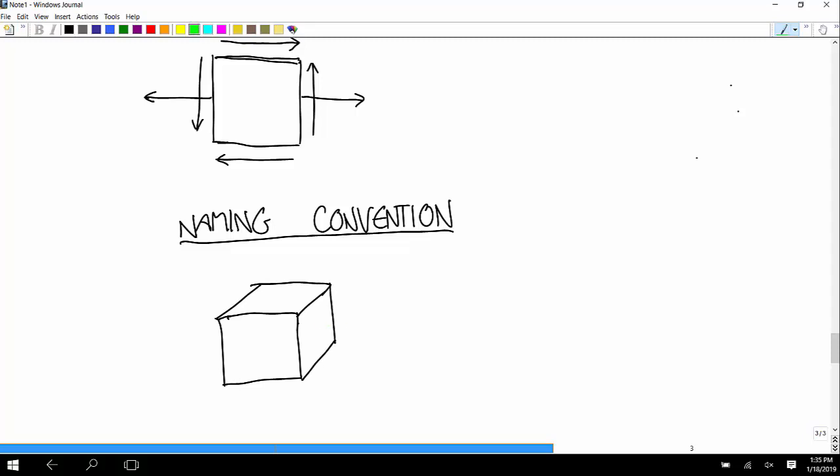And this cube corresponds to a coordinate system. So here's the x-axis, y-axis, and z-axis. Okay. And we're going to name the faces based on the axis coming out of that face. Okay. So let me draw the negative axes too. There's the negative z-axis. There's the negative x-axis. Here's the negative y-axis.